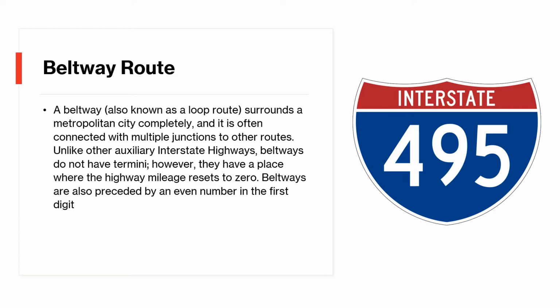However, they have a place where the highway mileage resets to 0. Beltways are also preceded by an even number in the first digit, and bypass numbers also have an even first digit.